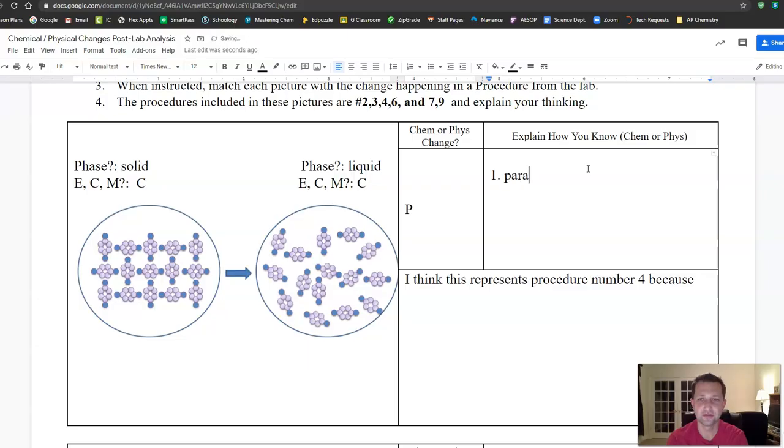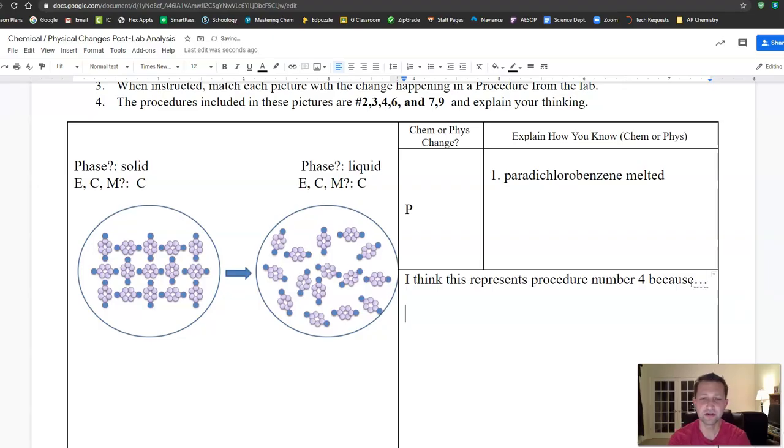So the paradichlorobenzene melted. Okay, so that's all you really need to put there for that one. And I think it represents procedure number 4 because this can be more of your explanation here.